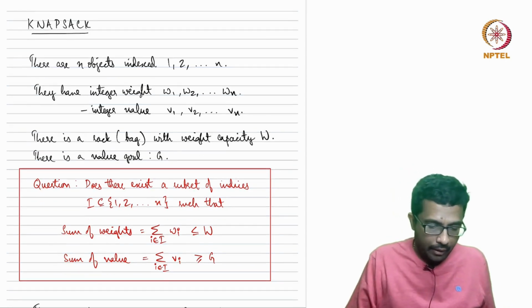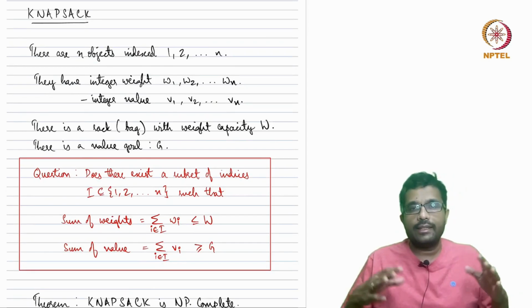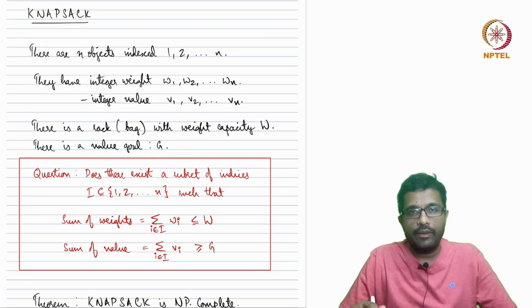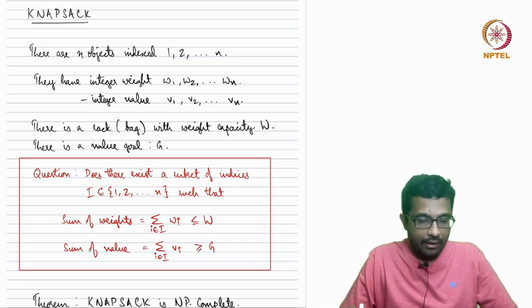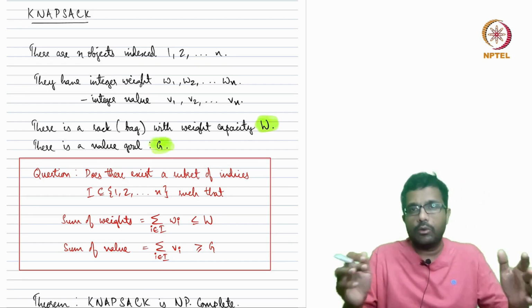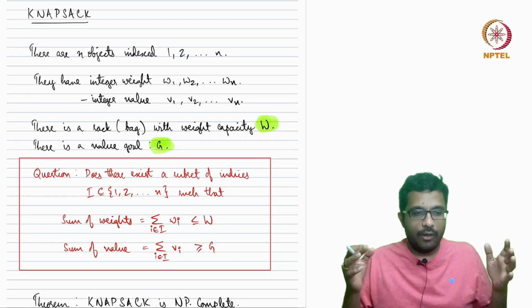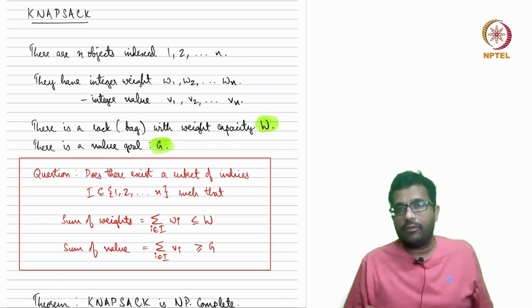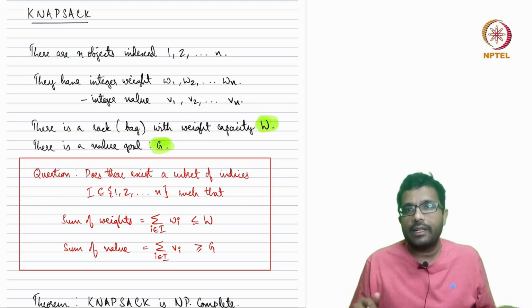Now we'll formulate this question as a decision problem. There are n items, indexed 1 to n. They each have a weight w1 to wn, and each have a value v1 to vn. Now given the capacity of the bag, capital W, and given a goal value g, the robber has to bring at least g worth of items, but his bag can only carry W kilograms of items.